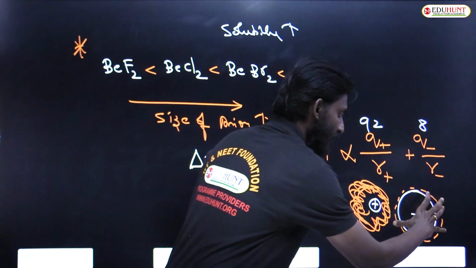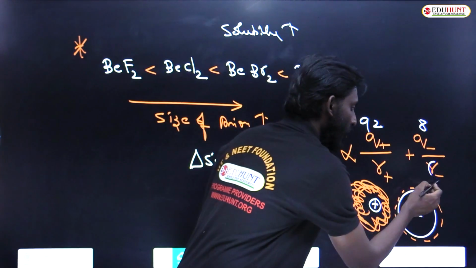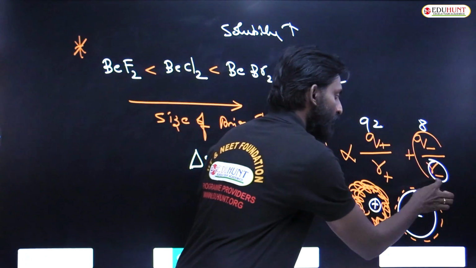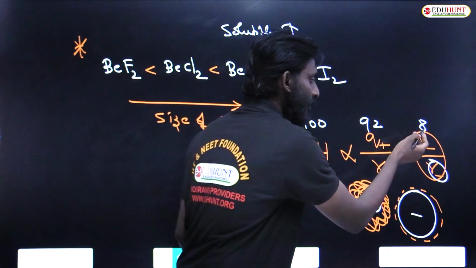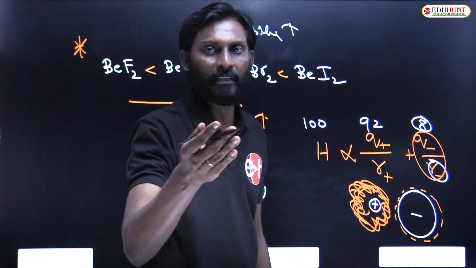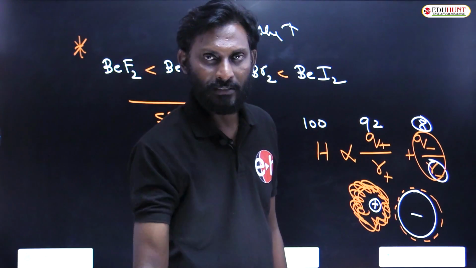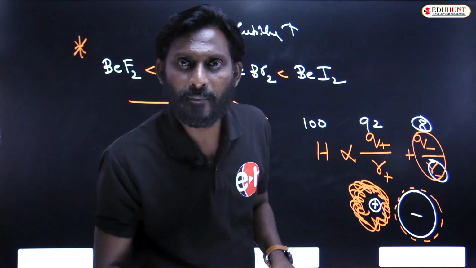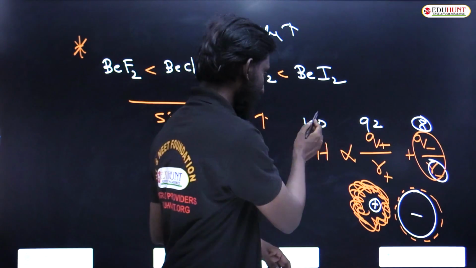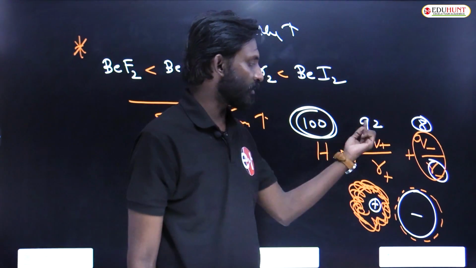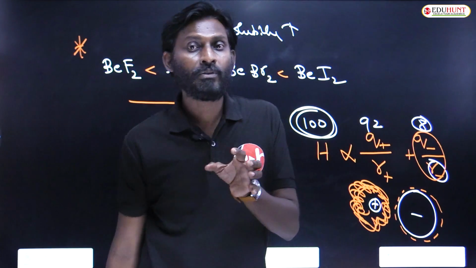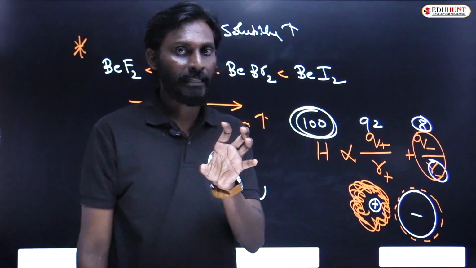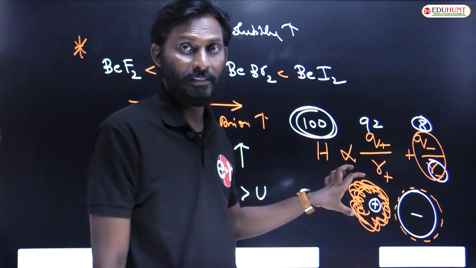This denominator is increasing, and if the denominator increases, overall this fraction value decreases. That means this 8 will decrease to 7 or 6, and the total will still be near 100, because in this total energy the major contribution is from the cation. So hydration enthalpy largely depends upon the cation, that is the smallest one.